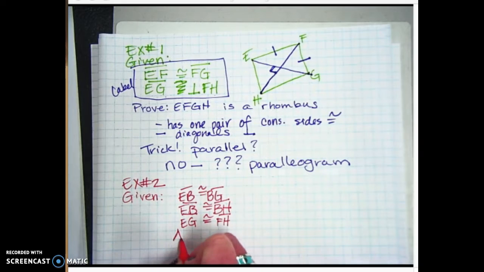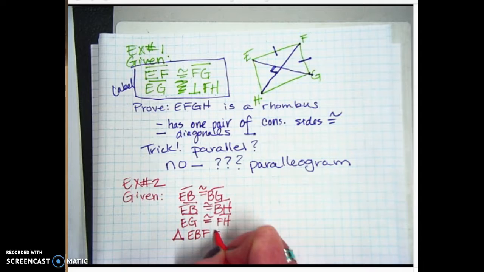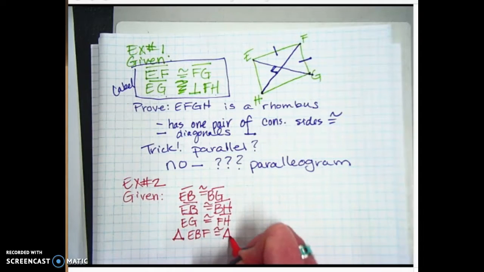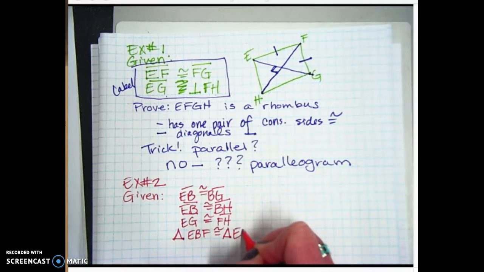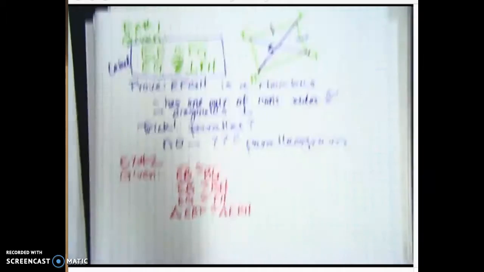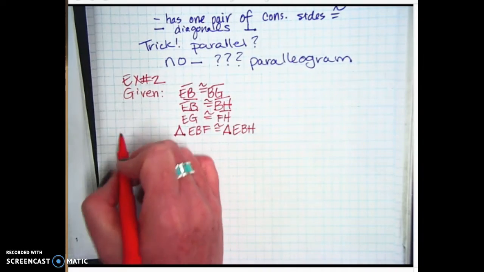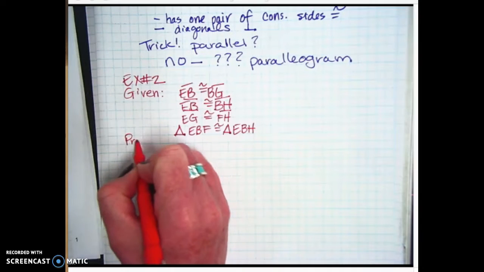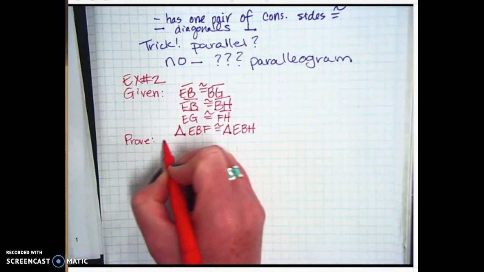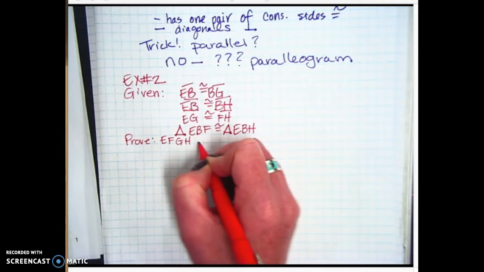And triangle EBF is congruent to triangle EBH. That's a lot of information. That's good, right? The more information they give us, the more likely we're going to be able to prove what they ask us to prove. So they're going to want us to prove that EFGH is a square.